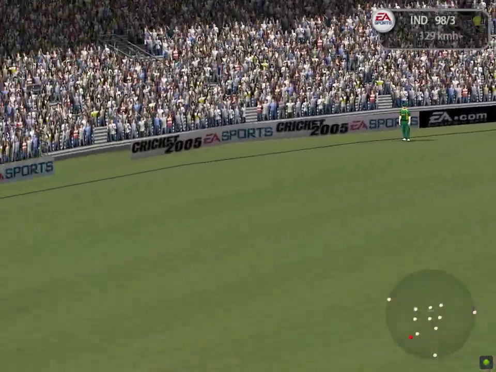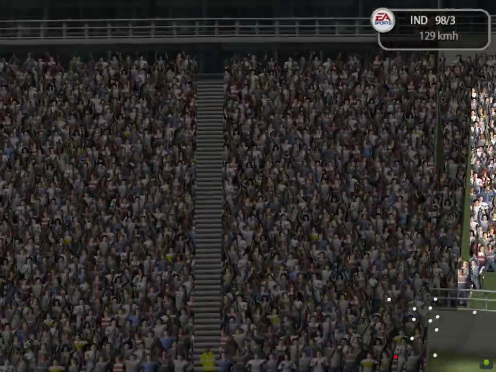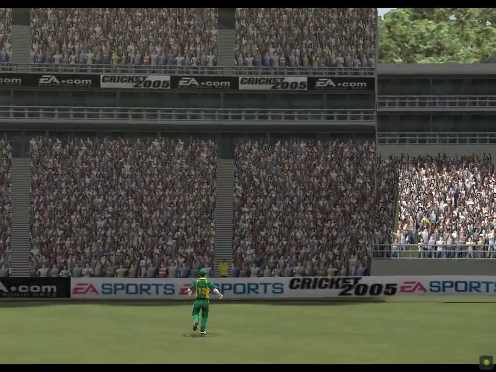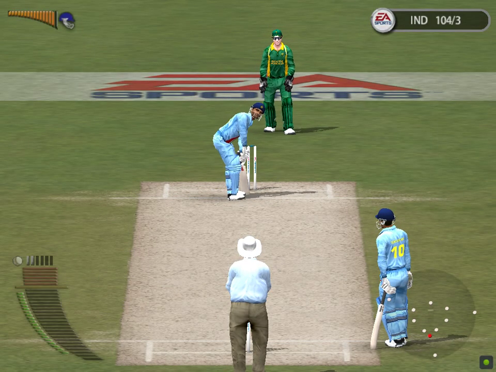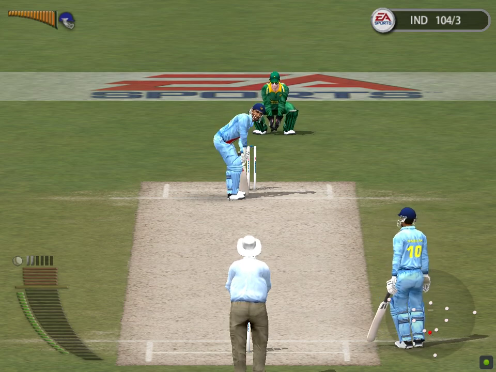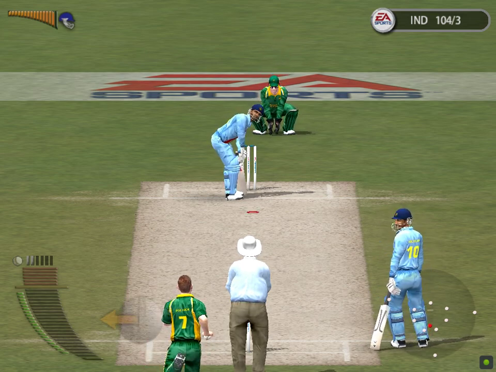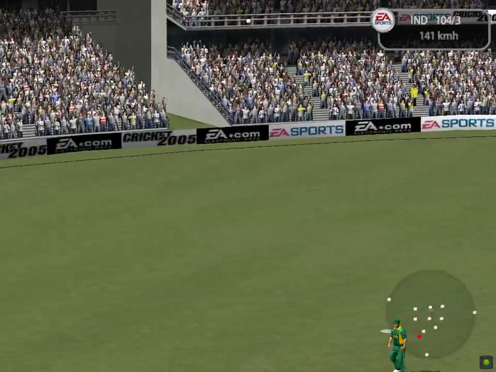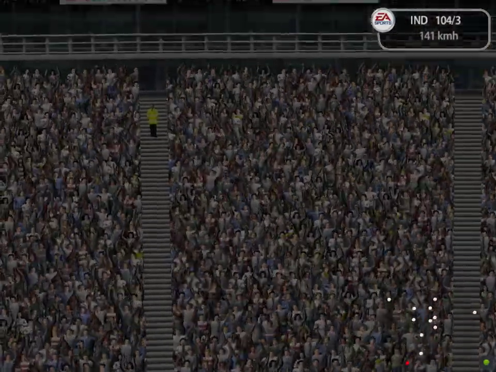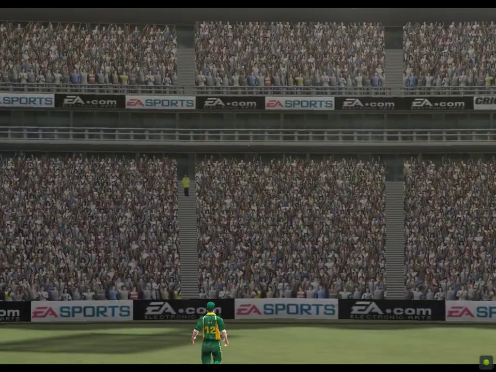Went after it, steered expertly into the gap. That's a huge six. Ganguly, let's take a look at that in slow motion. That's cleared the boundary, 6 runs. We can have a look at that again.